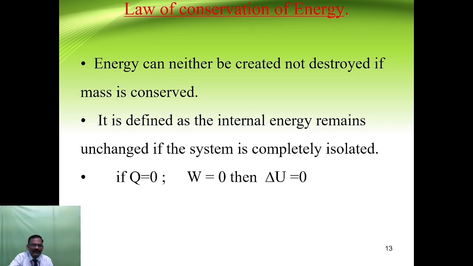Yes, already we saw in many slides in this presentation that heat is converted into work and work is converted into heat, but we cannot destroy or create energy. This is the concept behind conservation of energy. It further adds that if Q equals 0 and W equals 0, then delta U equals 0. That is, if the heat transfer and work transfer are 0, then automatically the change in internal energy is also 0.